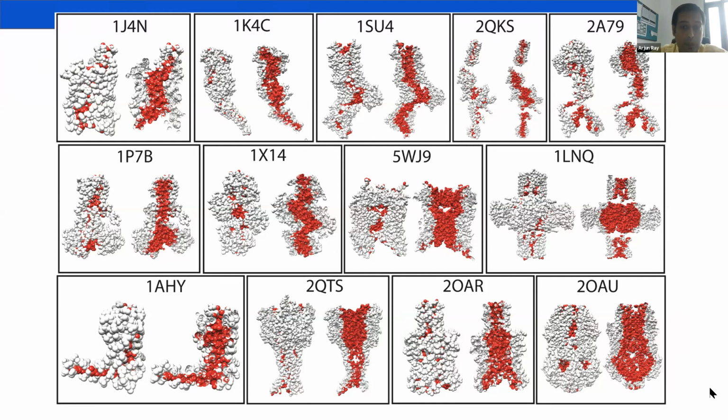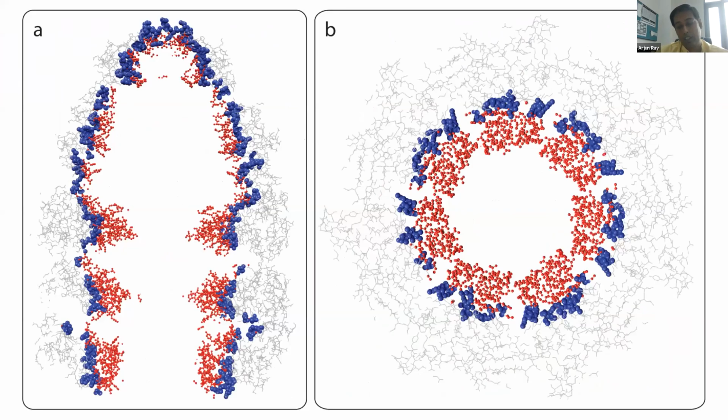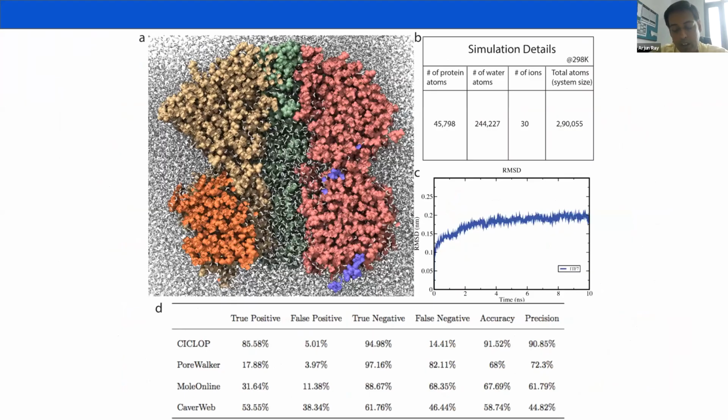And then when we took the method for further validation, we thought that what we are interested in is accessibility to water, right? So the easiest way was to use water dynamics and have a very short simulation where the structure does not alter, so it's less than 2 angstrom of deviation. We took a structure and wanted to saturate the contacts of the residues with all possible water combinations.